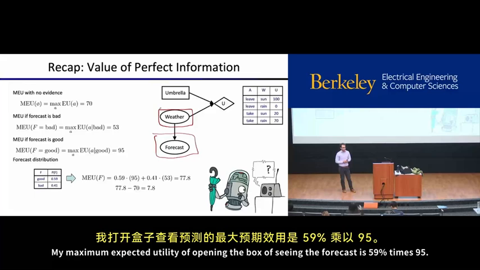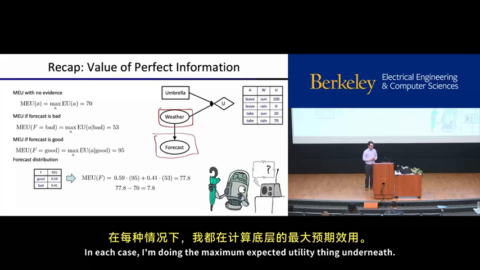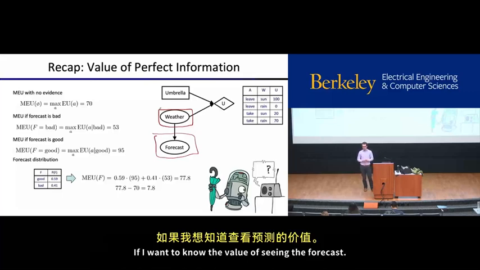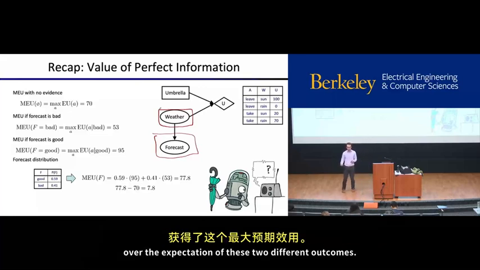Thanks for that. Other questions? Yeah. What extra information is the forecast telling us? Well, it's telling us something about what the weather might be in general, right? If we don't know the weather already, then the forecast is giving us an indication, because the weather is somewhat correlated with the forecast.